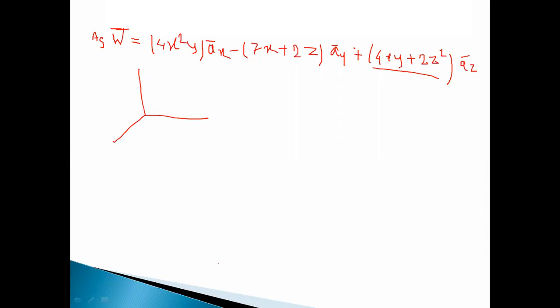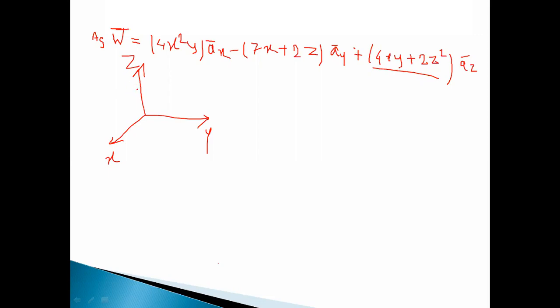We have three axes, right? X, Y, and Z. So this is the x-axis, this is the y-axis, and this is your z-axis. Now, W bar on the z-axis. At what points on the z-axis is the magnitude of vector field W bar unity?